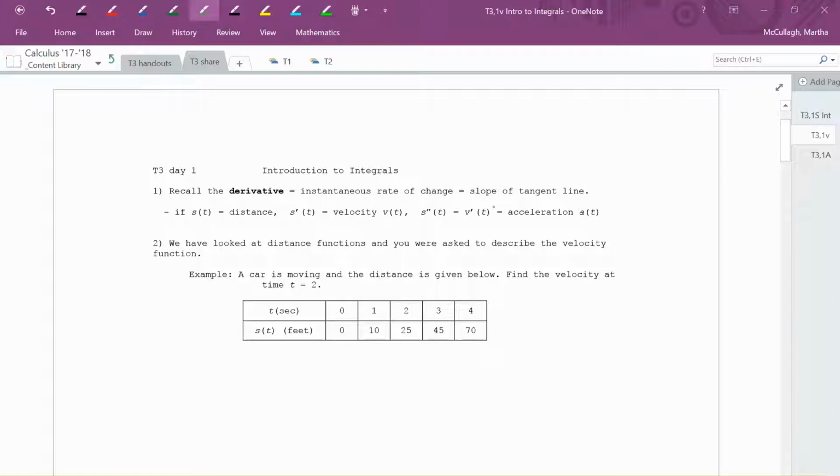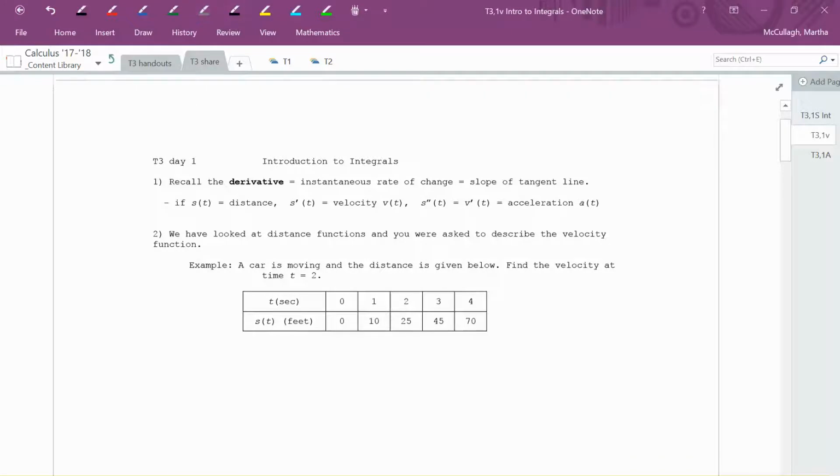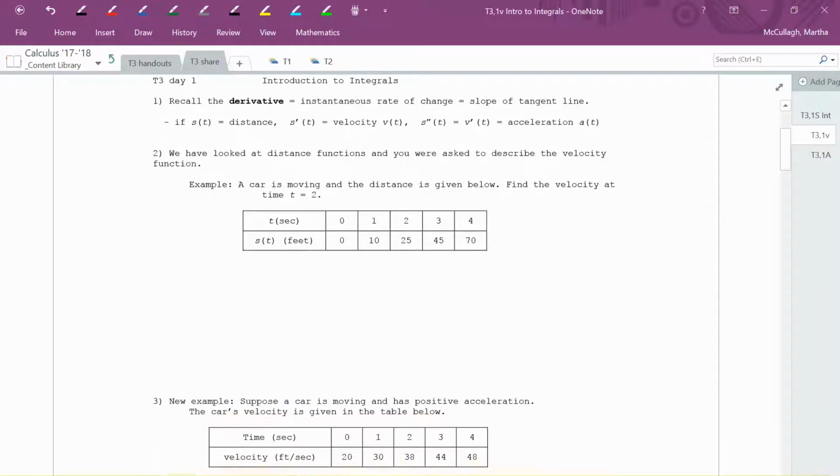We've talked about those being sort of the layers of an onion: if we have distance, the derivative goes up to being velocity, the derivative of that goes up to acceleration. When we take the antiderivative, the underderivative, of acceleration, we'll get back to velocity. When we take the antiderivative of velocity, we'll get back to distance. But we're getting ahead of ourselves a little bit there, but that's where we're going.